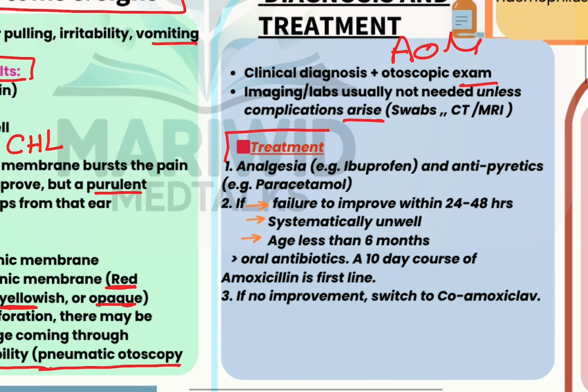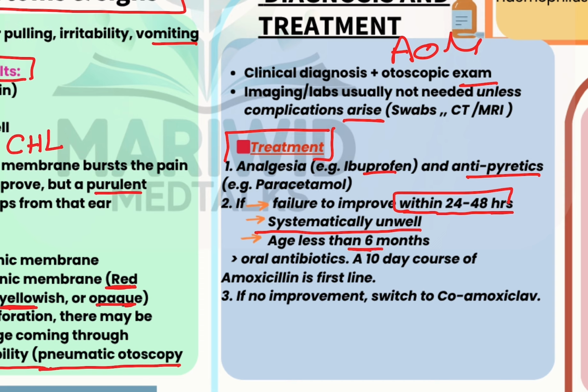Treatment involves mainly analgesia such as ibuprofen and an antipyretic such as paracetamol. We add an oral antibiotic if there is failure to improve within 24 to 48 hours, if the patient is systemically unwell from the start, or if the age is less than 6 months.